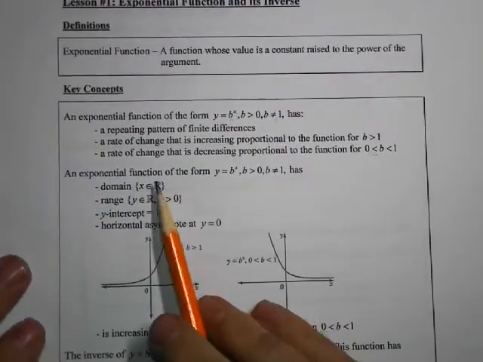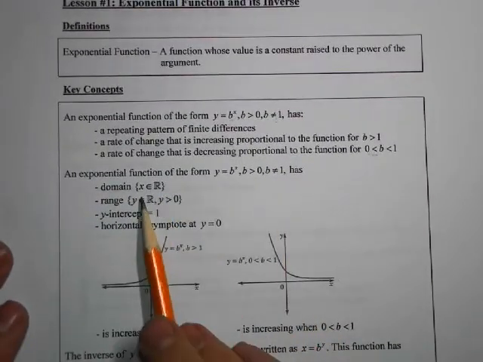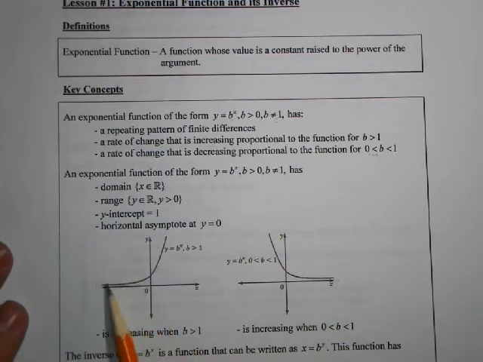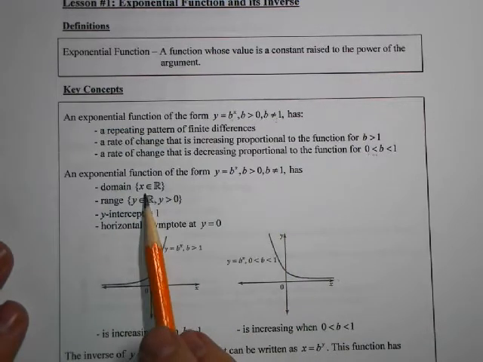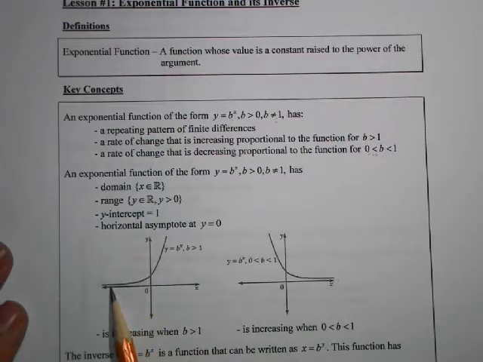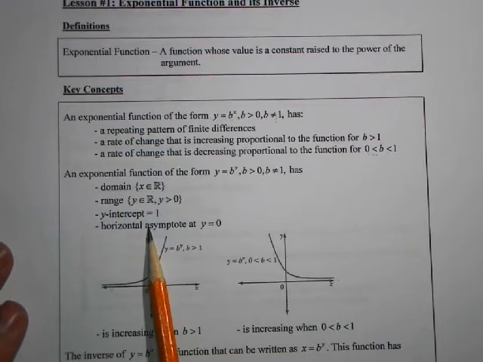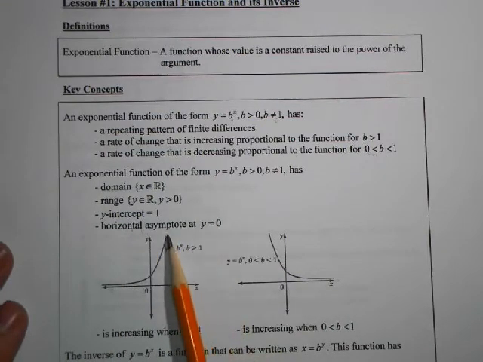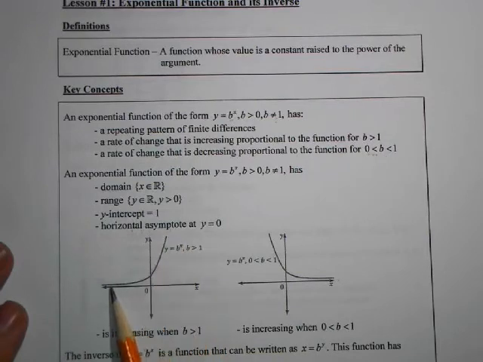Okay, some other characteristics. The domain of any exponential function is all values of x, the real numbers. For the range, you'll have a horizontal asymptote at y equals 0, which means your graph will approach y equals 0 from one side, but never quite reach it.